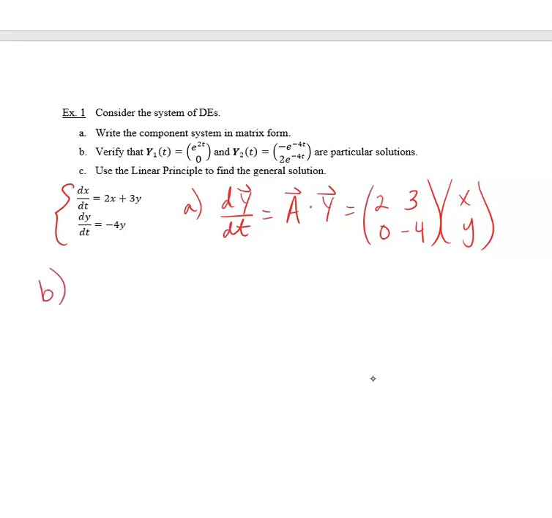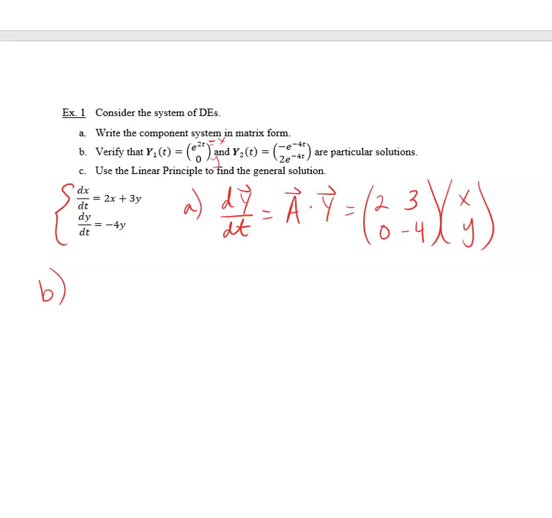So for the second part, they're giving us two particular solutions, and they just want us to verify those. So I'm going to use this matrix notation that they've given us. And for the first, the y1 that they gave us, notice that the derivative of this would be 2e^(2t), and of course 0. So the idea is, this is your x and this is your y.